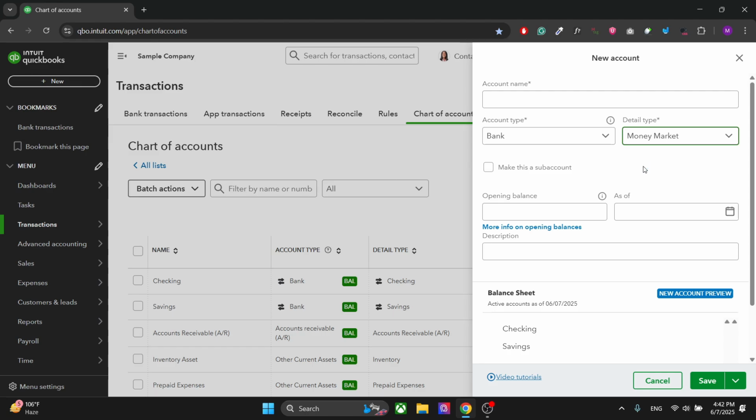It is also often used for short-term savings or an emergency fund with limited withdrawals, and it is also suitable for businesses that want to earn interest on surplus cash without locking it into a long-term investment. For example, let's say a business places $50,000 in a money market account to earn interest while keeping the funds accessible, then you can add that amount right here.